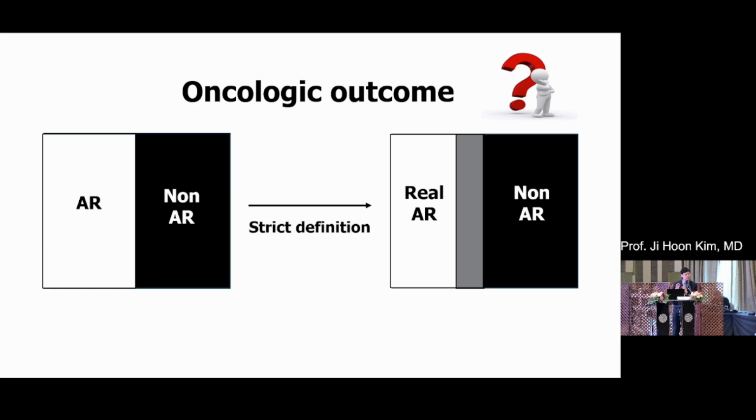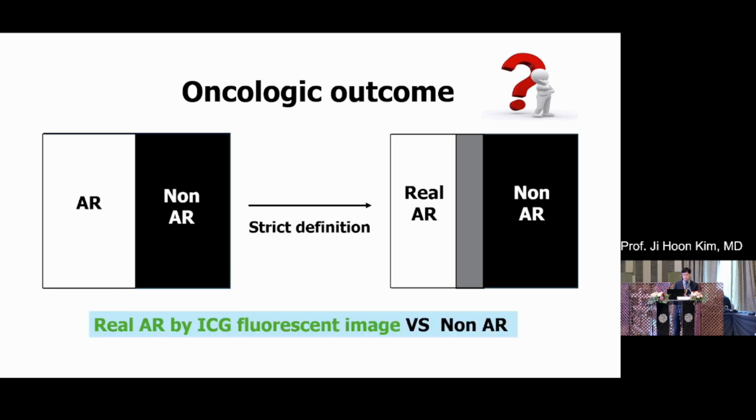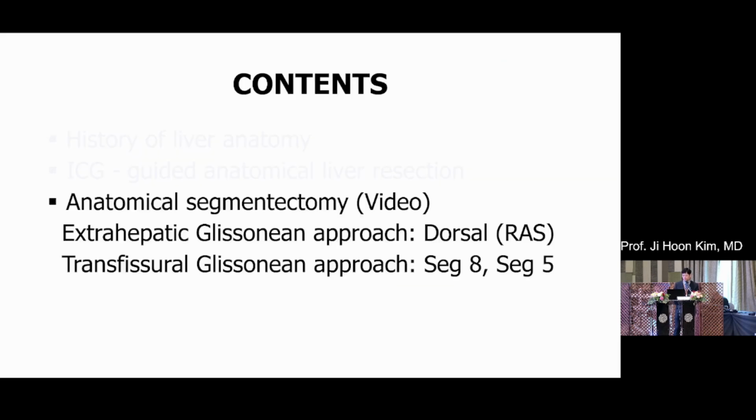So after this, based on a strict definition, ICG fluorescence imaging-guided anatomic resection versus non-anatomic resection will reveal the real oncologic benefit of anatomic resection, and a further study is proposed.